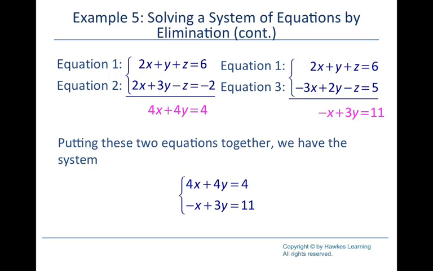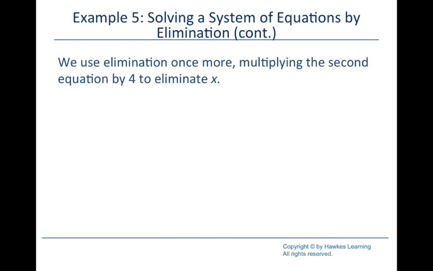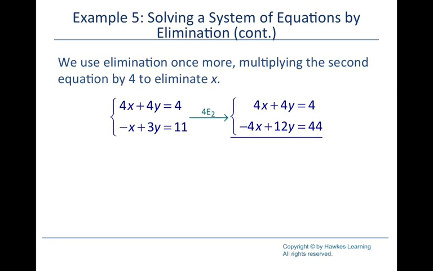And now we have to figure out a multiple to make one of those variables cancel out. So now we're back to what we did earlier with two variables and two equations. If we multiply the second equation by 4, then our x's will add to be 0. And so now we have 16y equals 48.